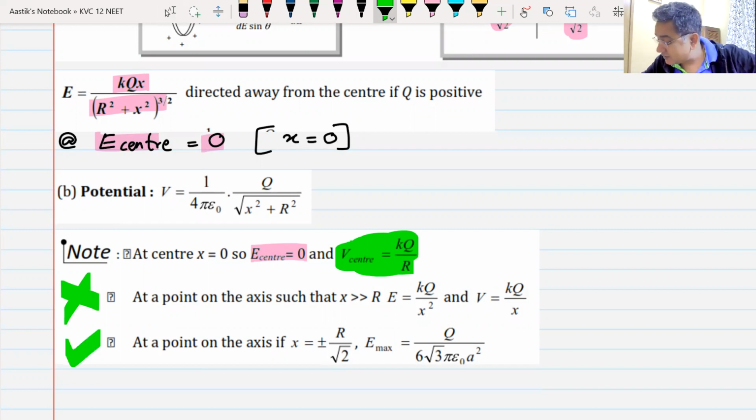Point number 3 is again not important, but you must remember that the maximum field occurs at R by root 2. Do we understand this? Yes, sir.